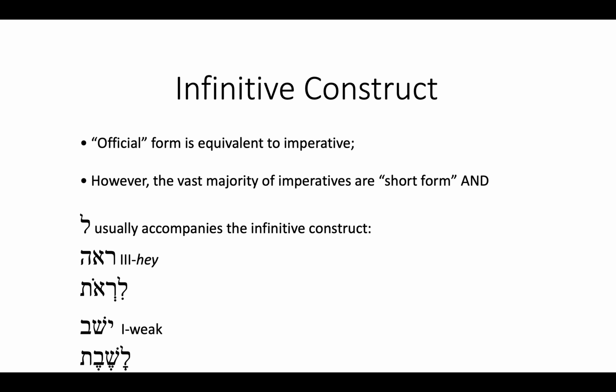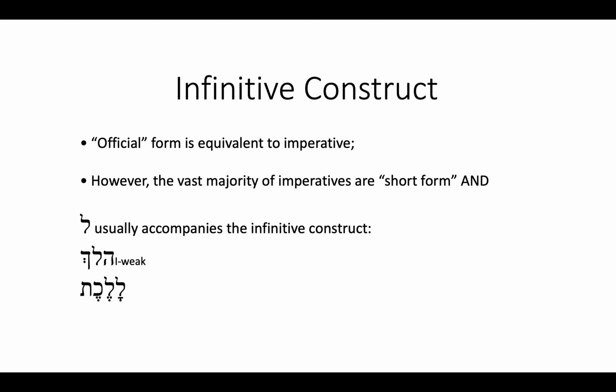So notice that the first yod drops out and we get just a random tav at the end of this. So that one is even a little bit harder, I would say, to differentiate. We've seen that et ending at the end of qal feminine singular participles. So in a sense, it works the same way here, but gosh, a little annoying.